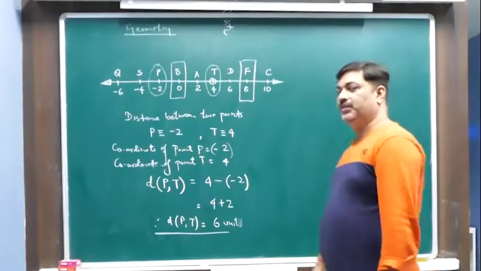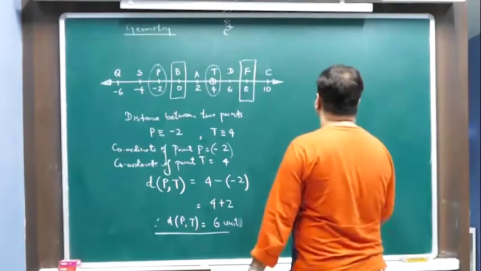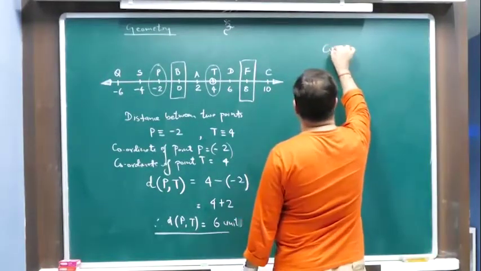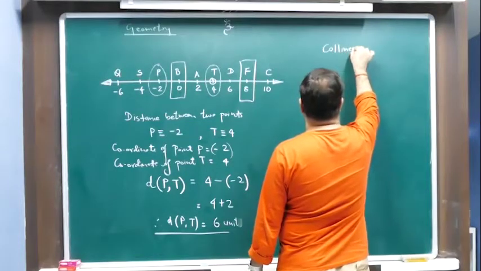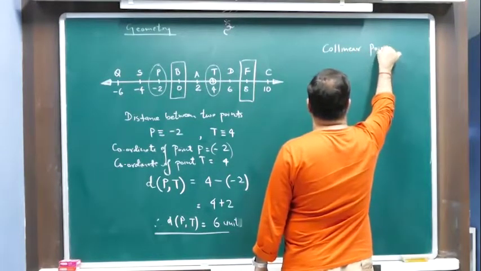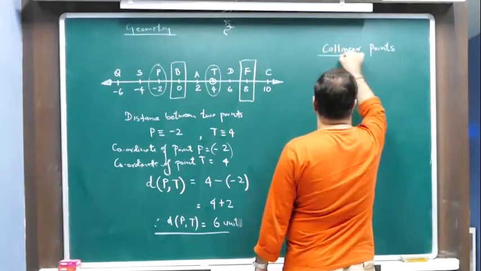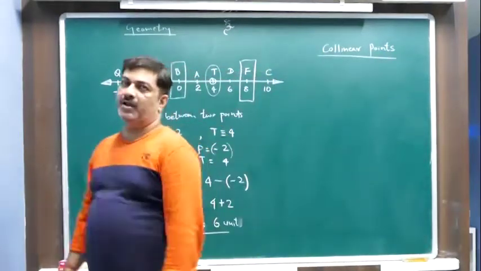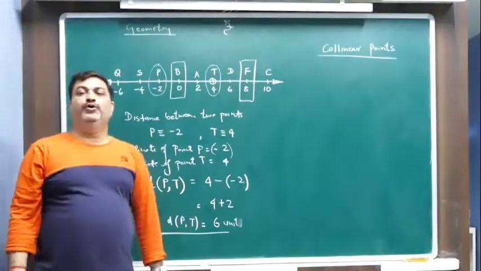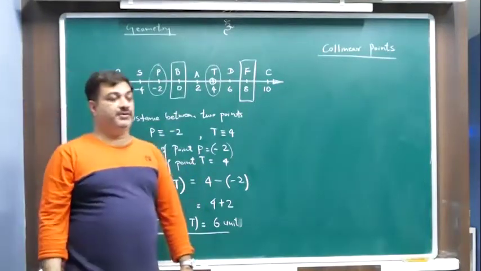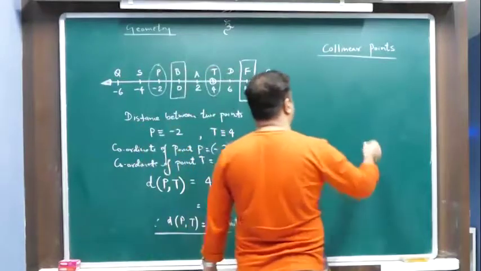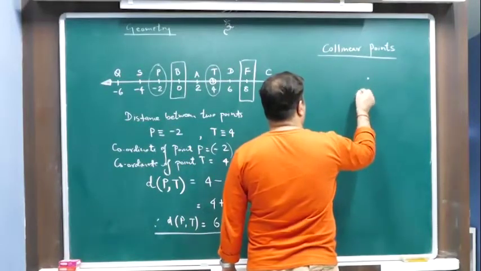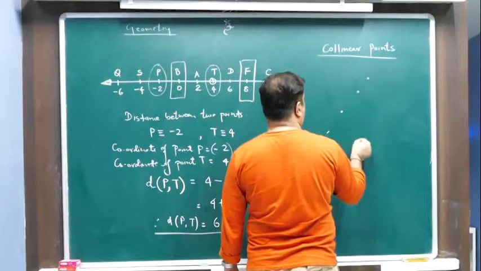Okay. Fine. Now let's understand, what do you mean by collinear points? Collinear points. Okay. What do you mean by collinear points? Points, let me take some example.